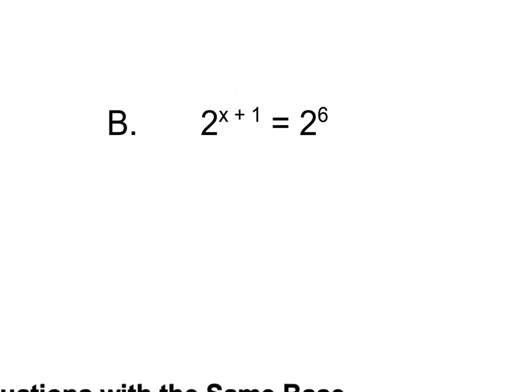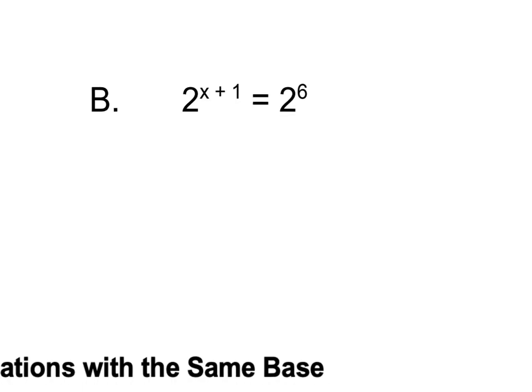So then slide over here and go, okay, well, in this scenario, that's 2 on the bottom, that's 2 on the bottom. There's nothing else over here on the bottom. So, okay, they both have exponents.